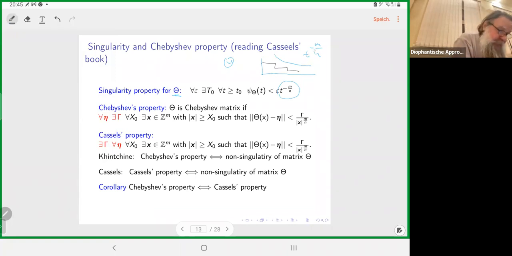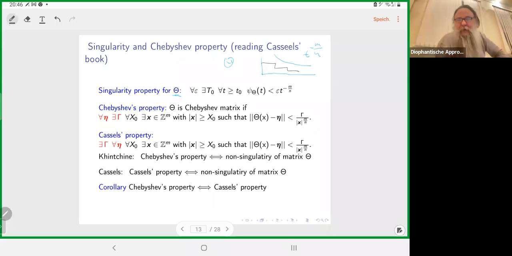But if we put here an additional epsilon and assume that for any given epsilon asymptotically the slope of the function lies below this epsilon T minus n, we get the definition of a singular matrix. I think that for dynamists it is much more convenient to use other words: the trajectories which go to infinity.